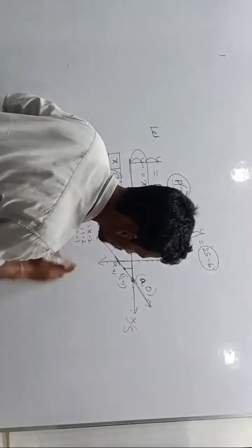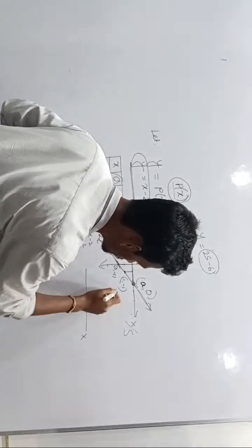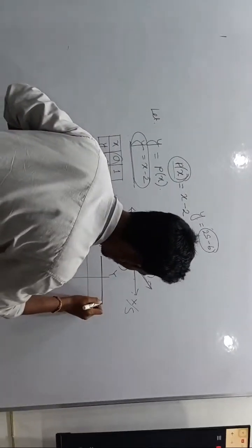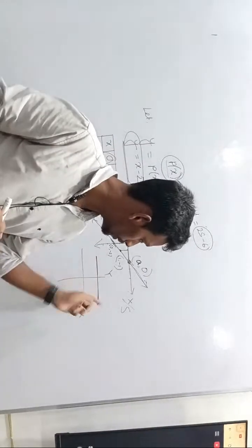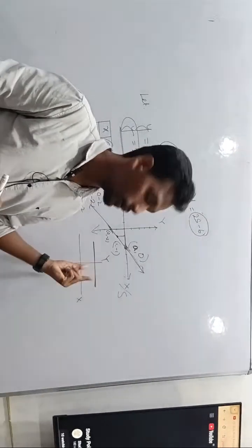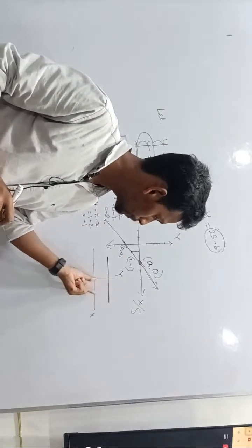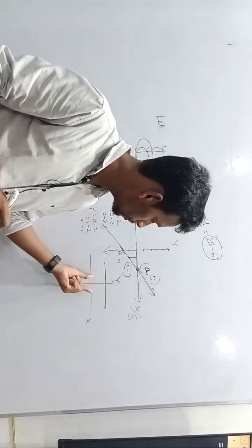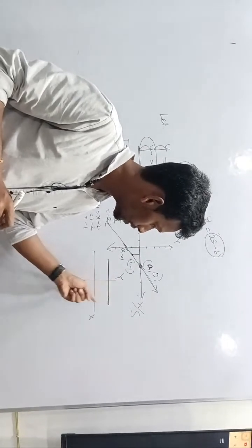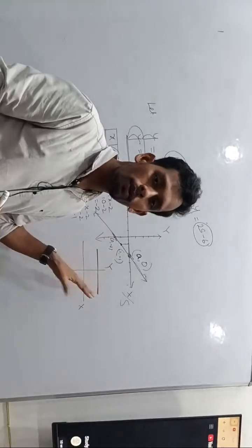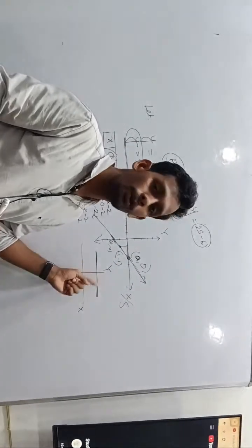Suppose there is a graph with an x-axis and a y-axis, and in the exam the question is how many zeros this polynomial has. If the graph does not intersect the x-axis, then whatever the polynomial is, it has no zero.